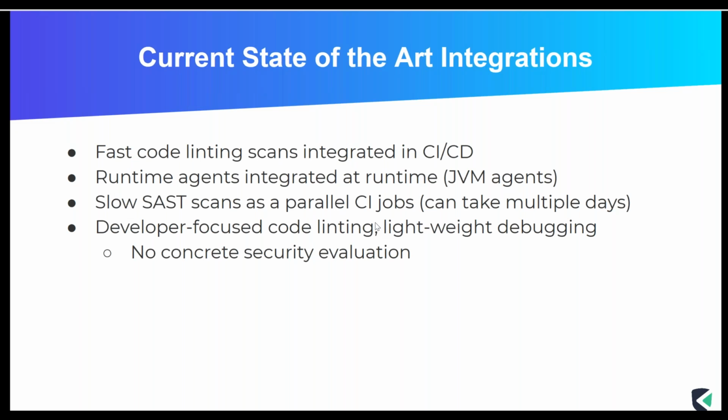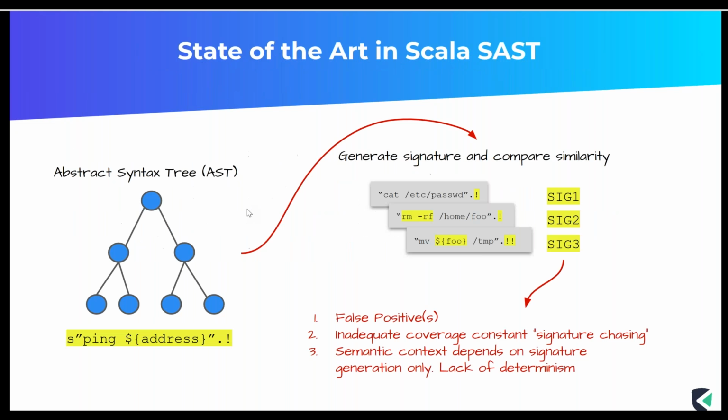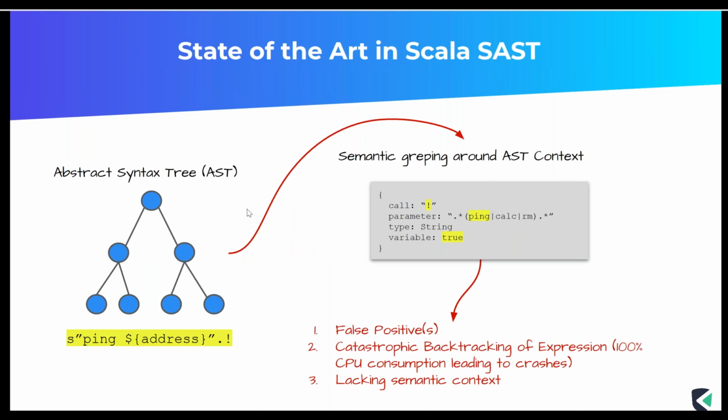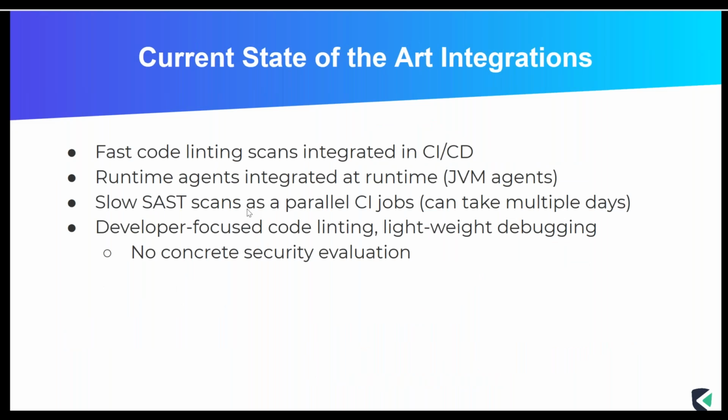And they would try to sort through them and see, okay, these are good, these are not good. So actual scans run on graphs like we discussed here: generate an AST, go through the whole of it, try to find who is calling whom, try to find how they are being run, check them against rules. And this is complex. It takes days to run this. So this is kind of the state of the art. And the other thing is very much developer-focused code linting.